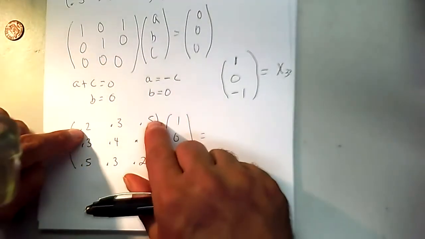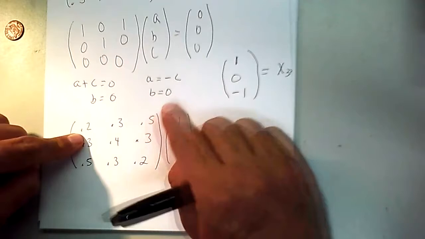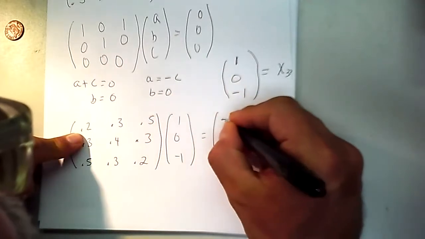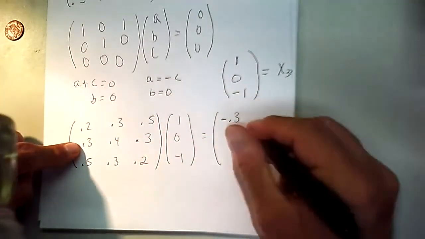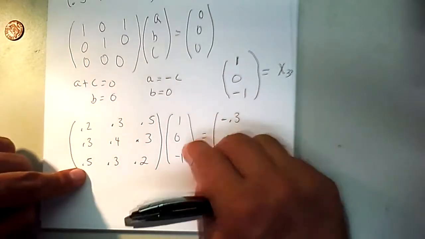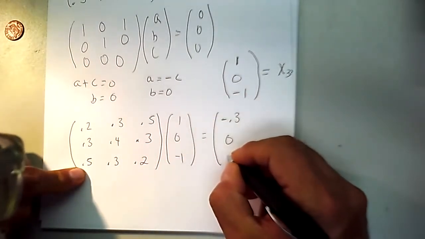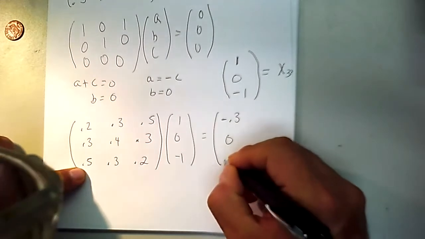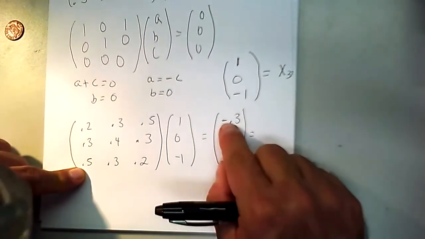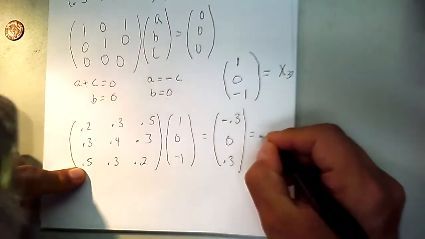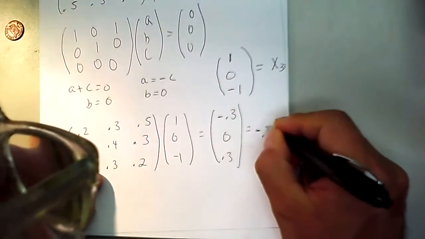So that means 0.2 minus 0.5, because we're doing the first one minus the last one, is -0.3. 0.3 minus 0.3 is 0. 0.5 minus 0.2 is 0.3. We can factor out the -0.3, even better, because the eigenvalue is -0.3.